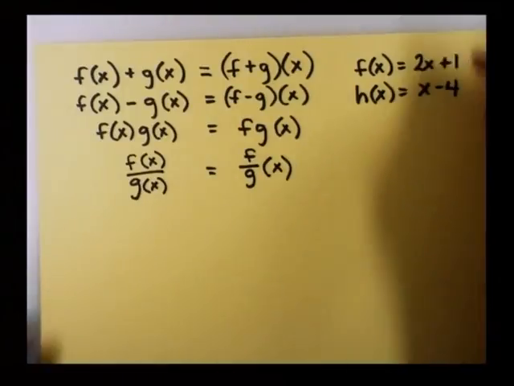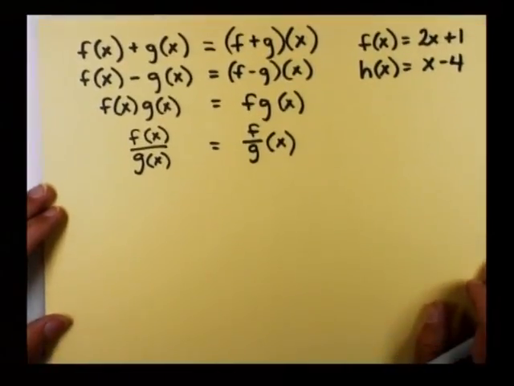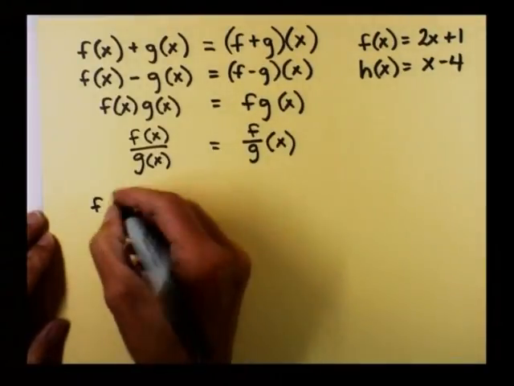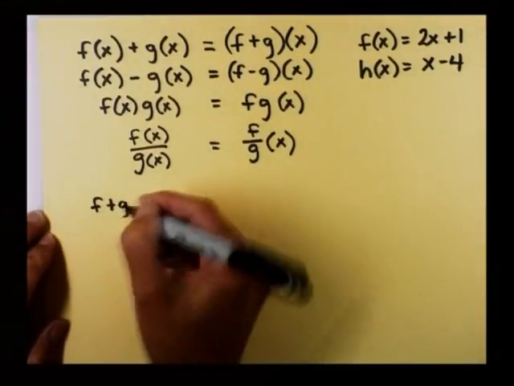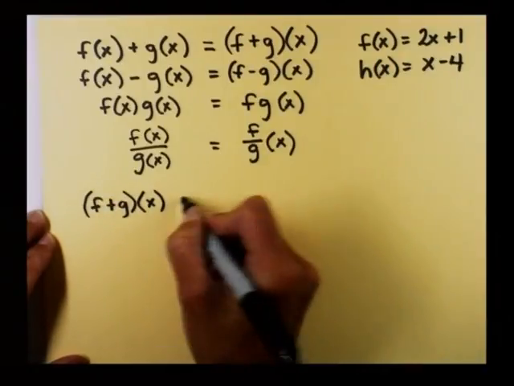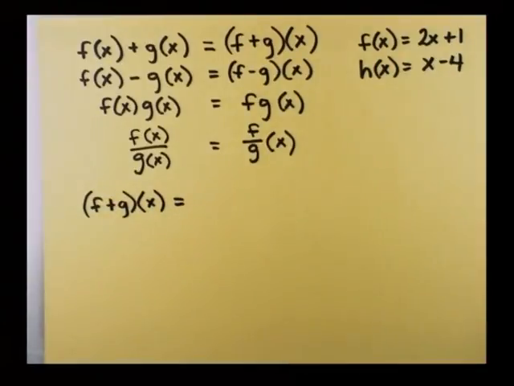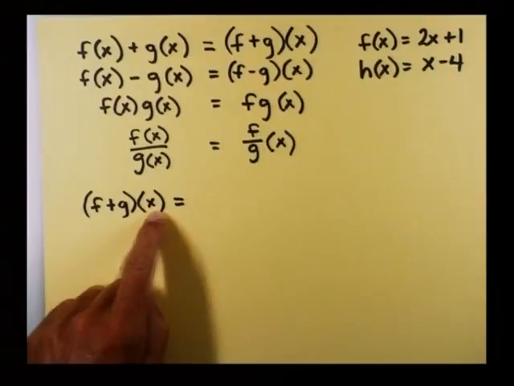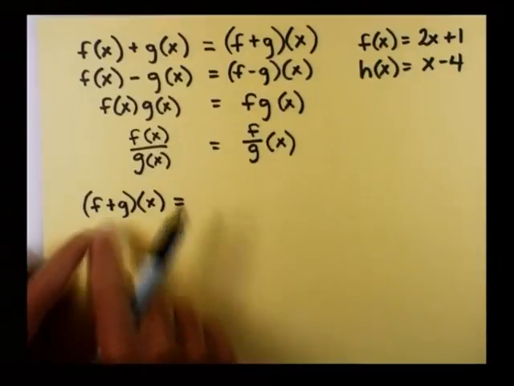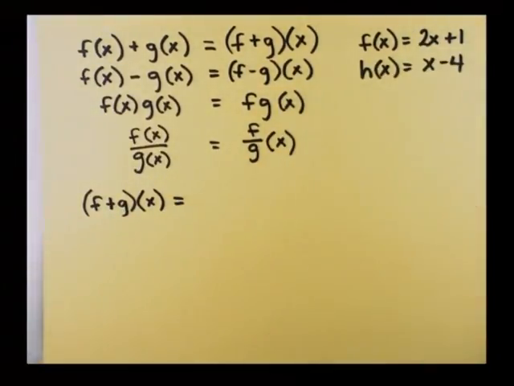So I'm going to continue using the same rules, but this time what I'm going to try to find is f plus g of x. I'm not plugging in any particular number. I'm putting the x back in there and adding my two functions together. What I'm getting is a simplified version of these two combined.